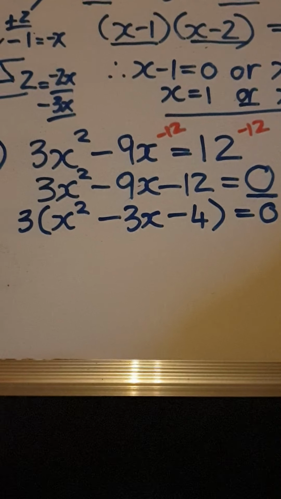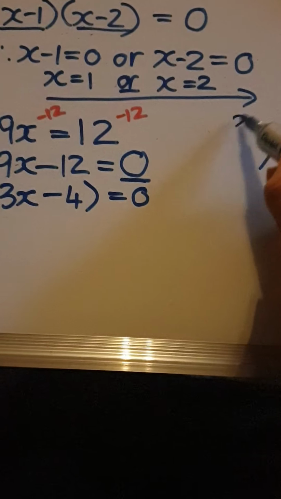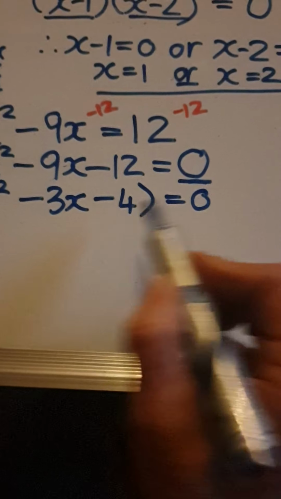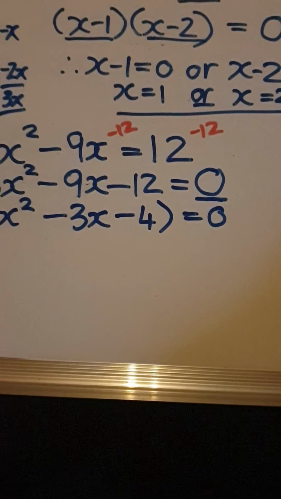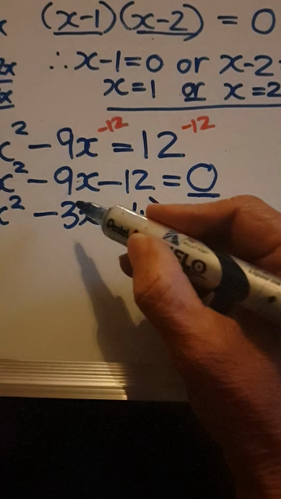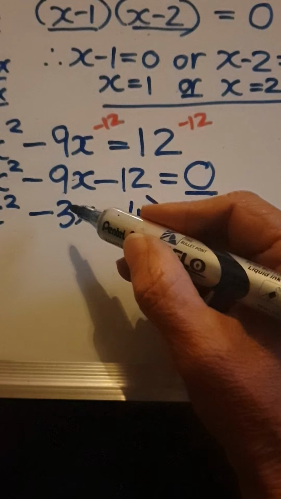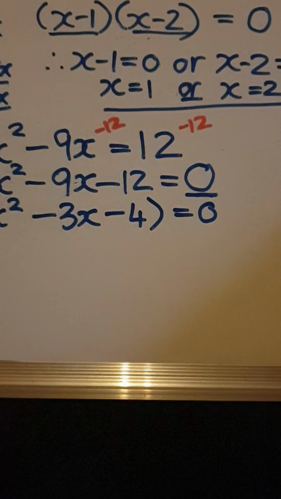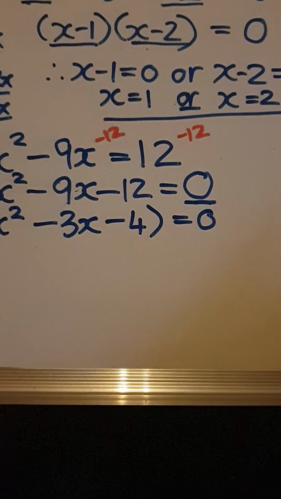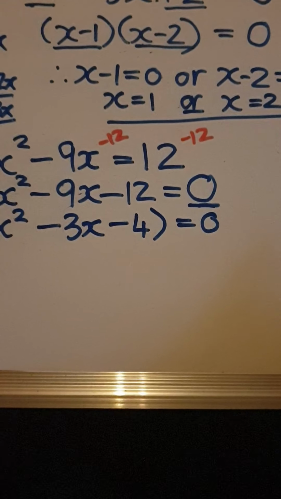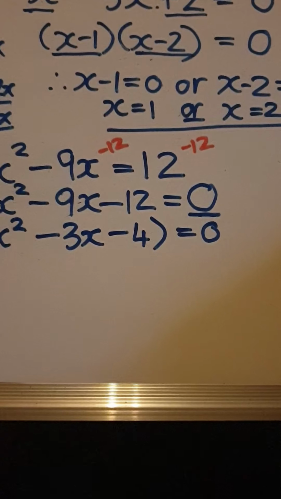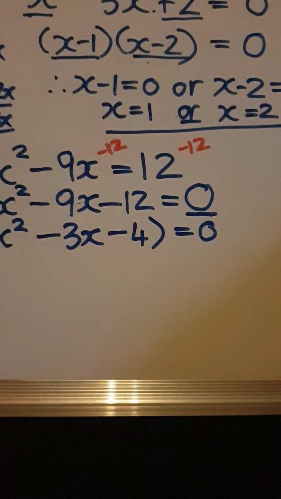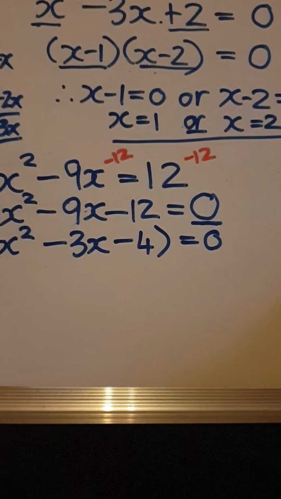So let's do that here. I'm going to get factors of x squared, and I'm going to look at factors of -4. If I multiply, it must give me -4, and if I add, it must give me -3. 2 times 2 is not going to work, because 2 and 2 is never going to give you 3. But if I look at 1 and 4, the difference between 1 and 4 will be 3. So which one must be negative?